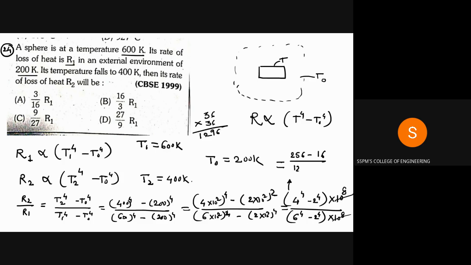So this is 1296 minus 16. Okay. So try to simplify this. You will get the final answer as 3 by 16. So R2 upon R1 is equal to 3 by 16. It means that R2 is equal to 3 by 16 into R1. So the correct option is option A. Okay. So today we will stop here.